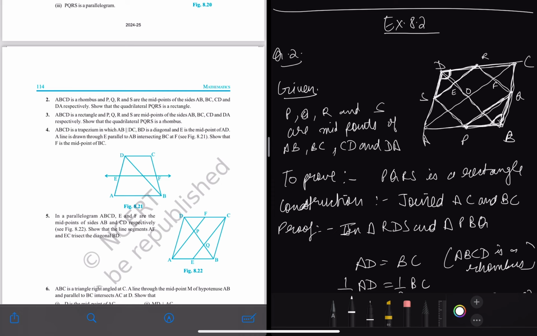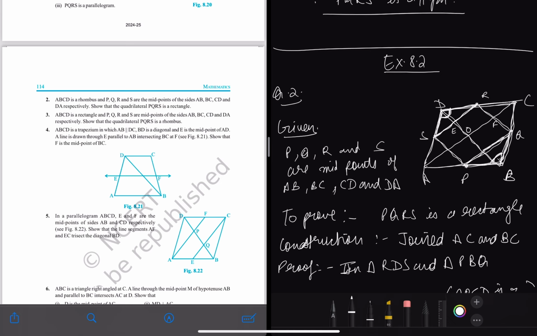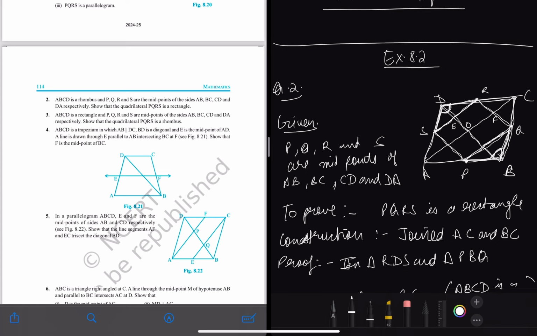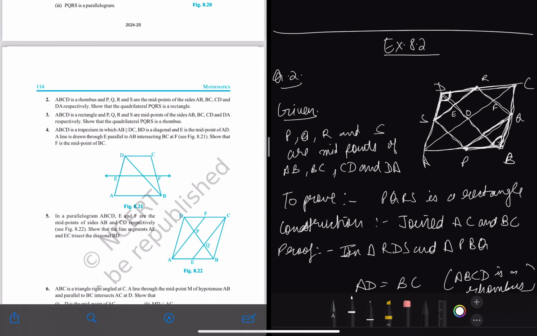So RQ is parallel to DB and RQ is parallel to EO as well, because half of DB is EO. Similarly, because of this, OFRE is also a parallelogram. We have proved OFRE, this small part here, is a parallelogram also.